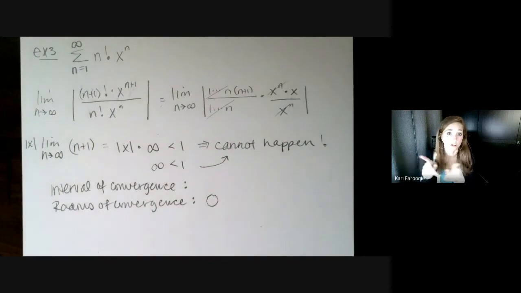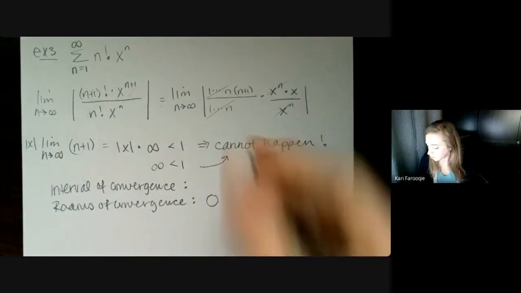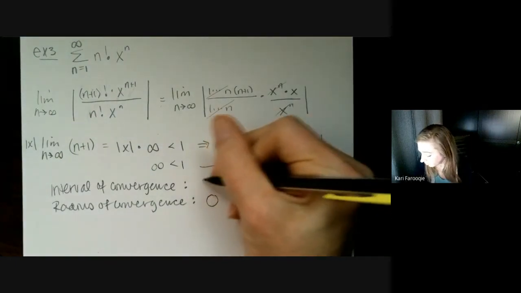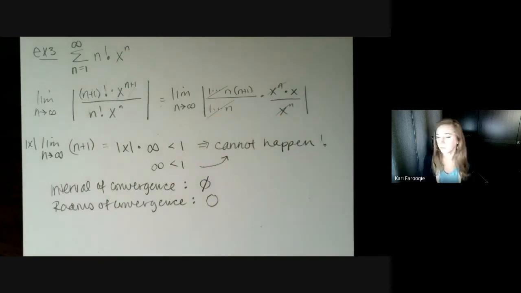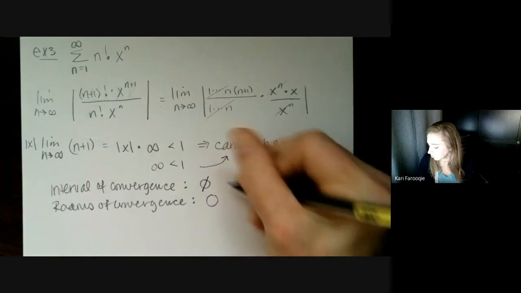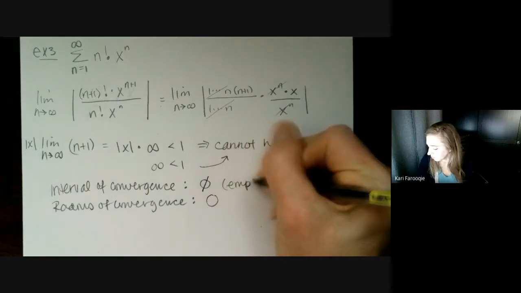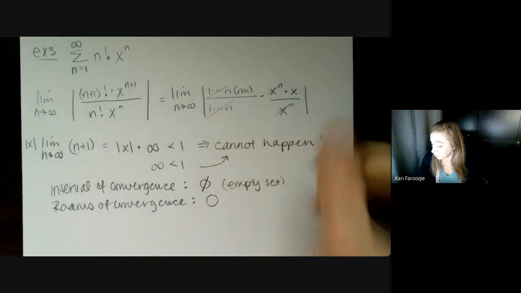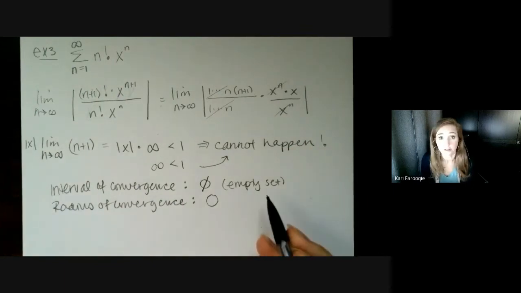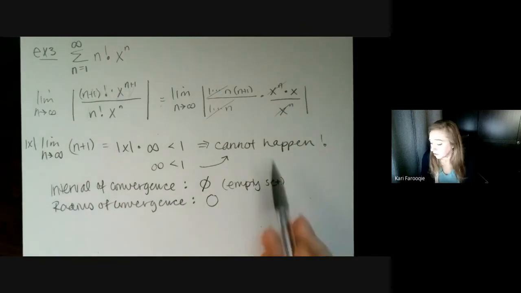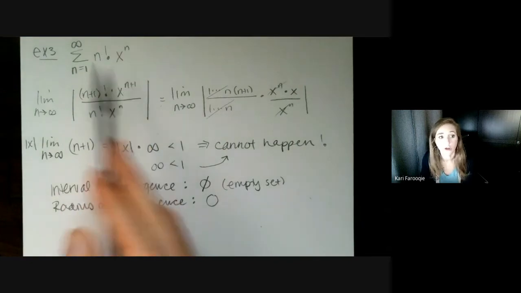It can't go anywhere to the left or right, so that's 0. For the interval of convergence, sorry, I said 0, but I meant to write the empty set. If you remember your set notation from algebra, the empty set means there's nothing in the set. So there are no values in here that will cause this series to converge.